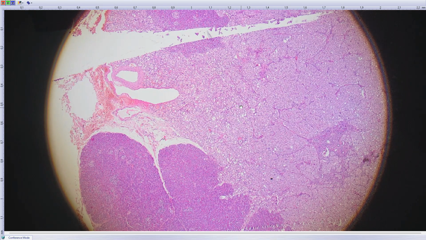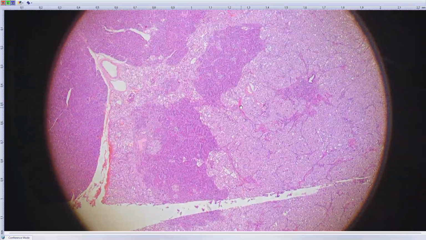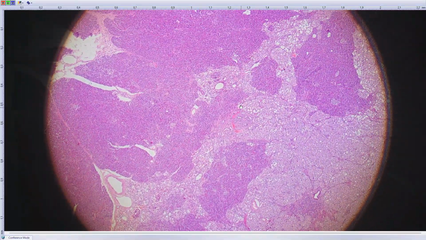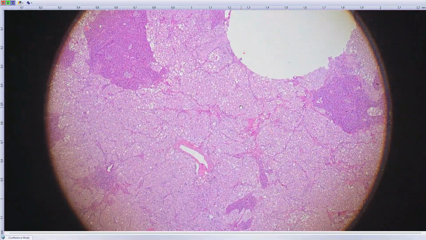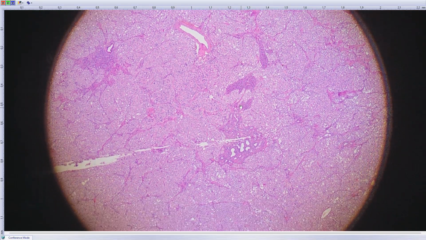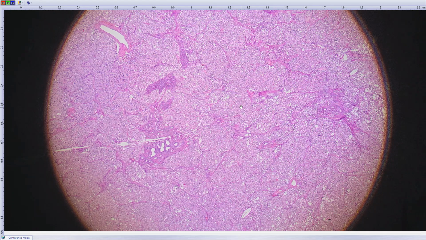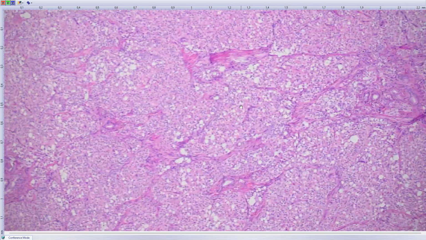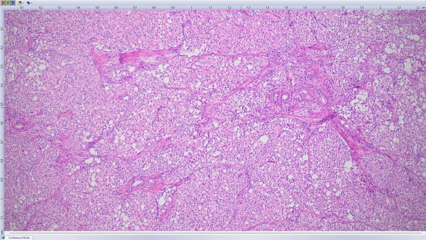So this is a tumor of the pancreas. You can see the normal pancreatic tissue at the periphery, and here the paler part of the area is the tumor. It is not a so rare tumor of the pancreas.